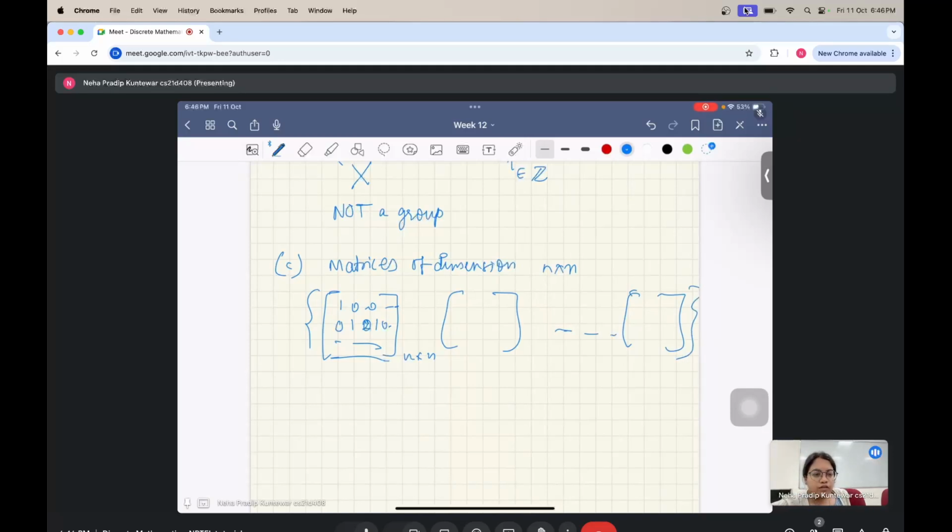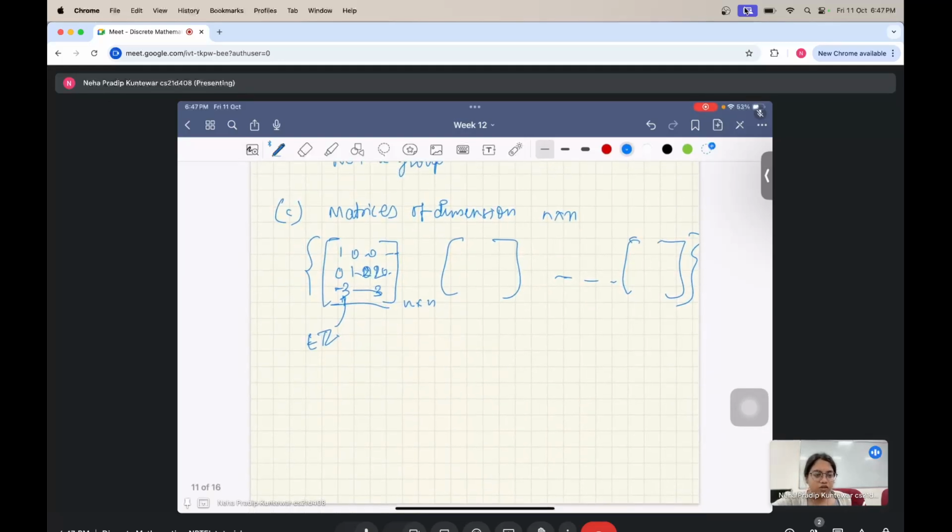The operation that I'm doing on these matrices is, let's say, addition. Let's assume it's not a Boolean matrix, so the values in the matrix are integers, they could take values like 2, 3. Now we will ask the questions again.